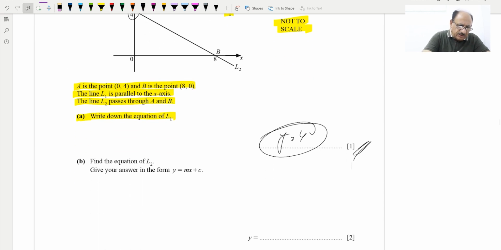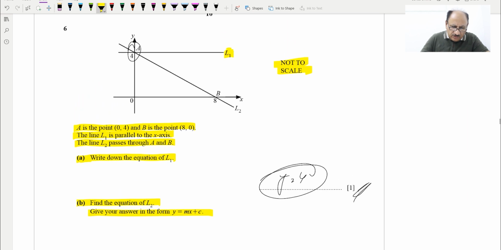And then B part says find the equation of L2, give your answer in the form y is equal to mx plus c. So to find the equation of L2 we require the gradient, and we require the c value also. So we can consider this triangle for gradient, and this will be rise over run. So rise will be 4 units, run will be 8 units.